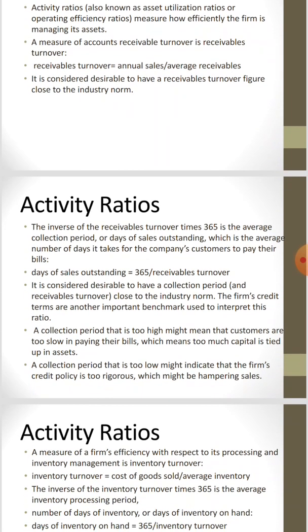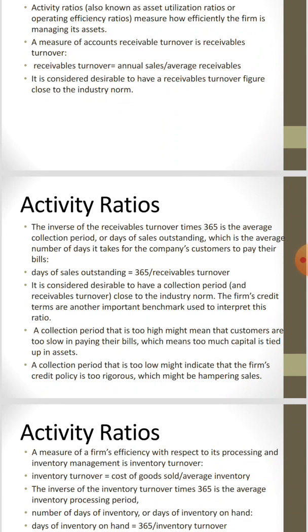And then to get our days of sales outstanding, we say 365 divided by the receivables turnover. Okay, this tells us the number of days it takes for customers to pay their bills. It is also expected to be close to the industry norm.